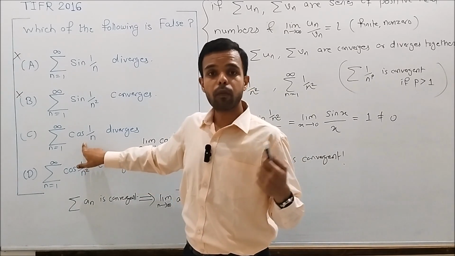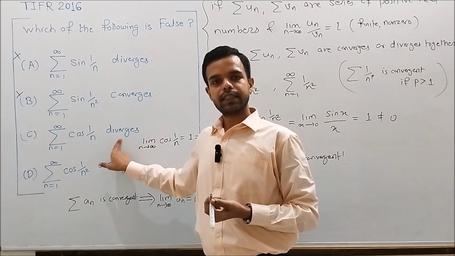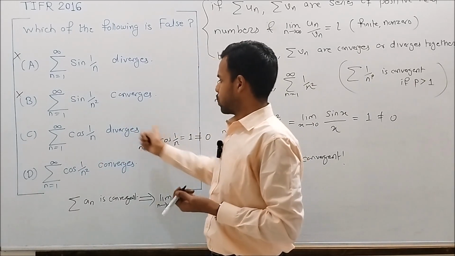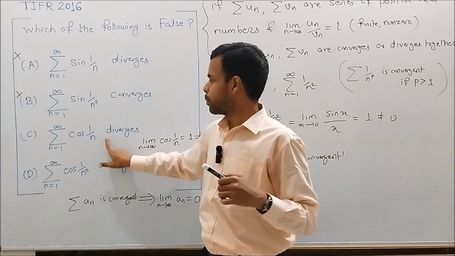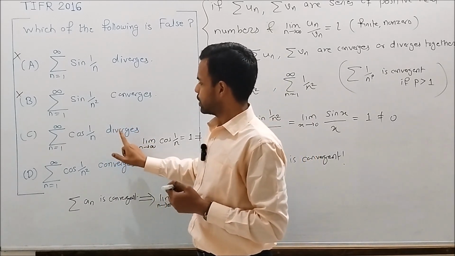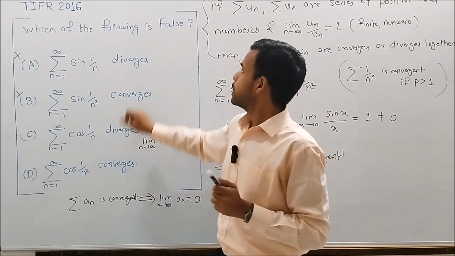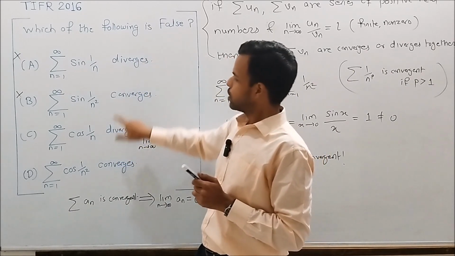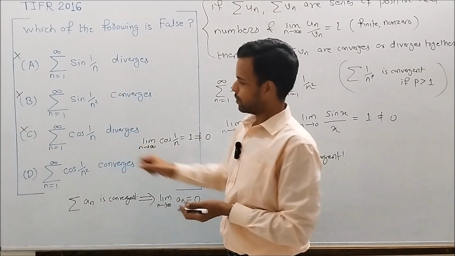But it is a series of positive real numbers, so it must be a divergent series. So the statement in option C is also true, but we have to select the false one, so option C is also discarded.